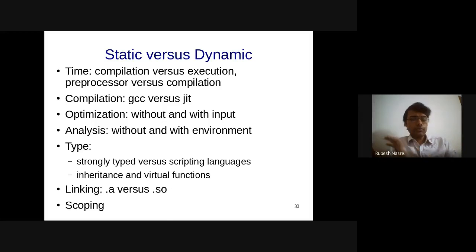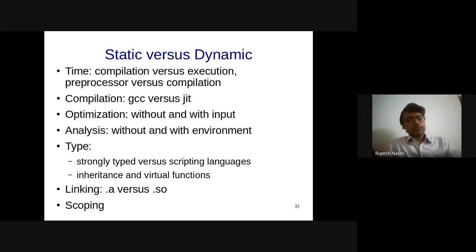The environment consists of both the input as well as the other parts. For example, you might have a particular file system, or you might have certain environment variables, etc. So all of that comes as part of the environment. So using that environment, when you do that, is called a dynamic analysis.